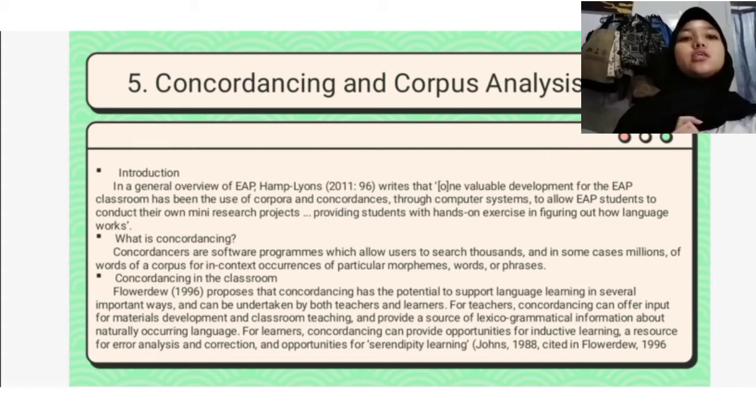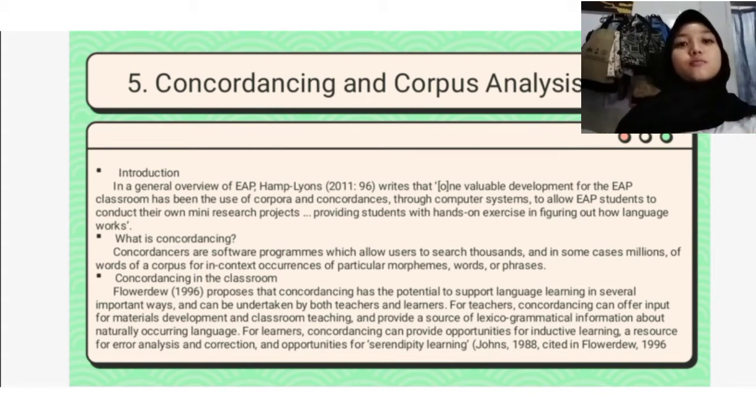For learners, concordancing can provide opportunities for inductive learning, resources for error analysis and correction, and opportunities for serendipitous learning.